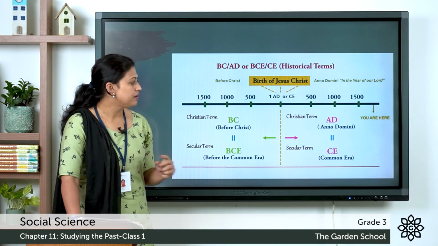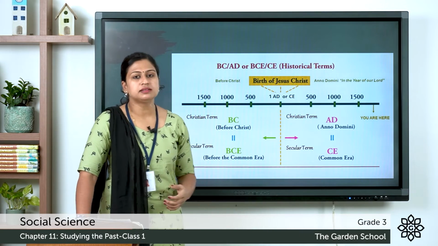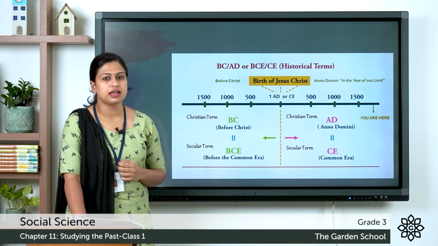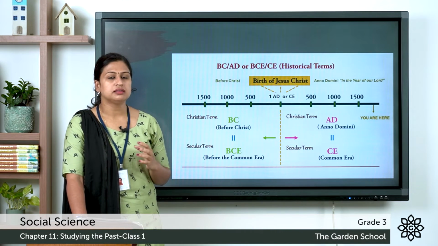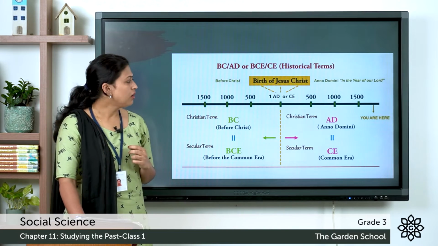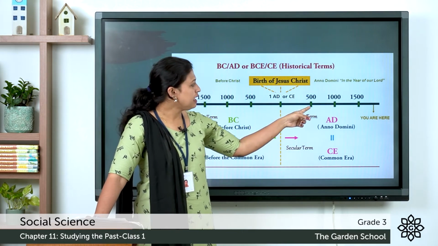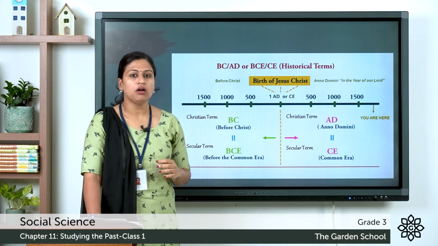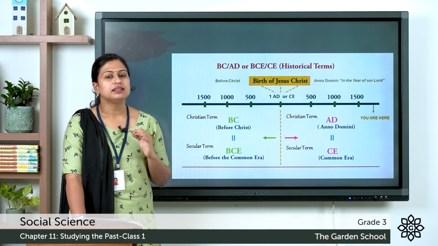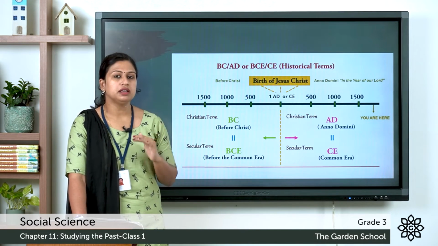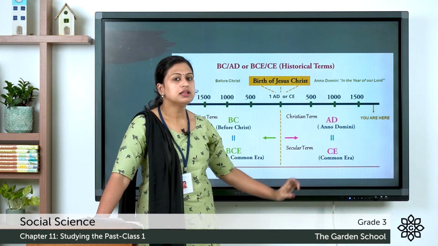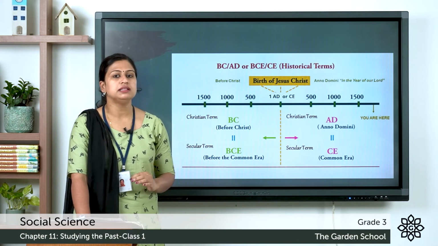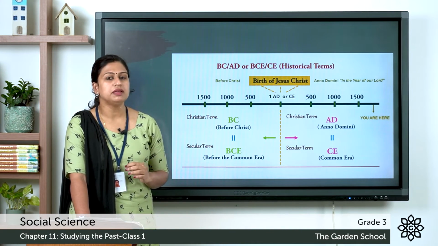AD means Anno Domini, that means in the year of the Lord Jesus Christ, and nowadays instead of AD we use CE, that means Common Era. Now suppose we say 500 AD or 500 CE, that means 500 years after the birth of Jesus Christ, and we write 500 AD or CE. AD means Anno Domini and CE means Common Era.